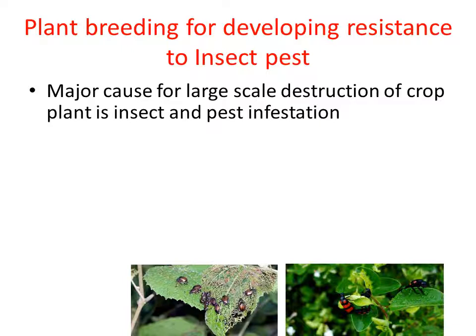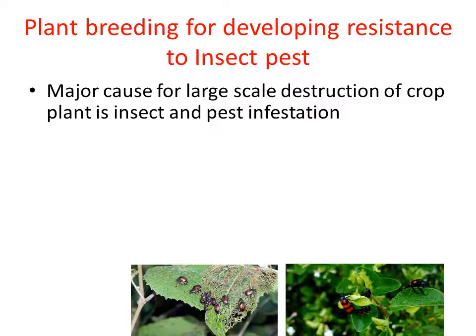So how do we get rid of these insects and pests? Commonly the farmers will spray insecticides in order to avoid these insects. Clear? So for that the farmers have to invest money for purchasing those chemicals, right? So instead of that, one of the alternative methods they have is the use of plants resistant to insects and pests, right?